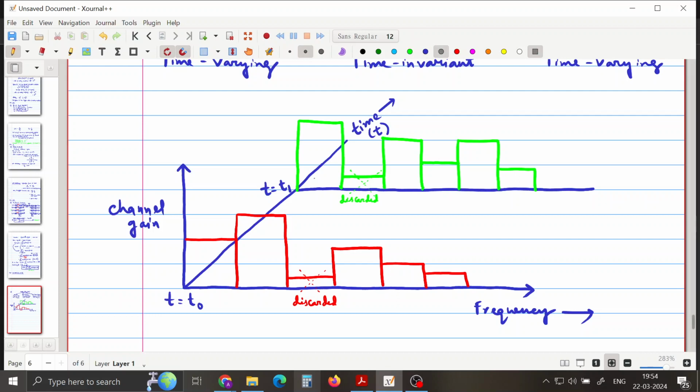So if you draw these parallel lines connecting these two different plots, basically this, this, and so on. Fine.